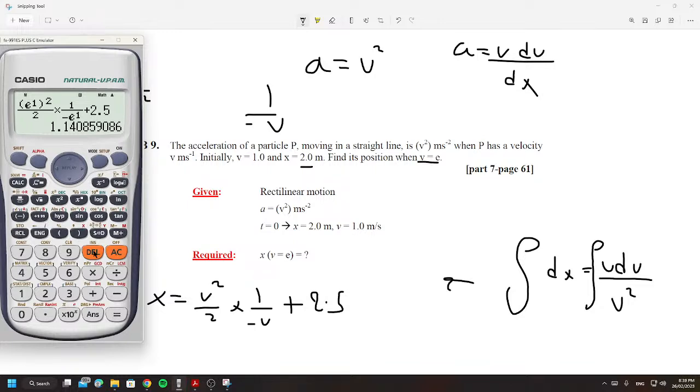Okay, what did I do wrong here? I think I integrated fine, right? Did I get c to be the right value?